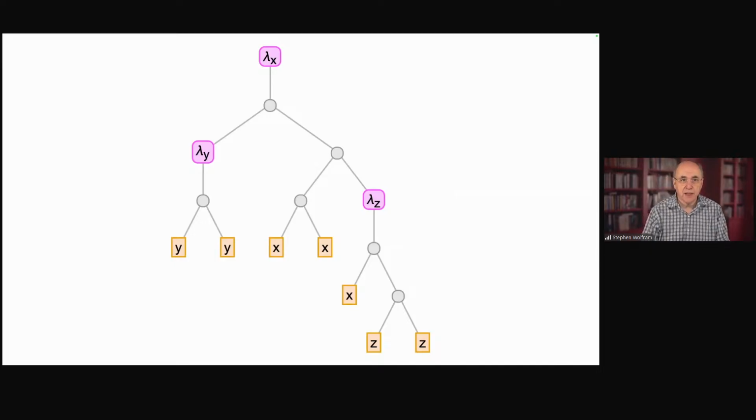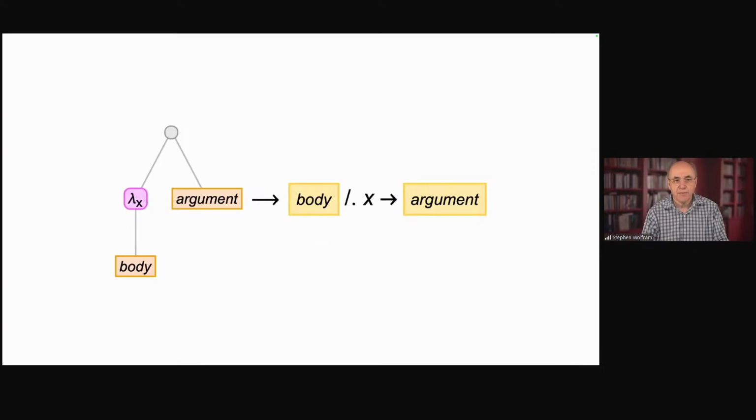The intermediate nodes are either lambdas, i.e. abstractions, or applications, thing applied to thing. The applications are shown here as gray dots. The lambdas are shown as pink boxes. So everything about lambdas can be done in this tree representation. For example, beta reduction can be thought of as an operation on a piece of the tree representing a lambda. So there's what beta reduction looks like as a tree operation.